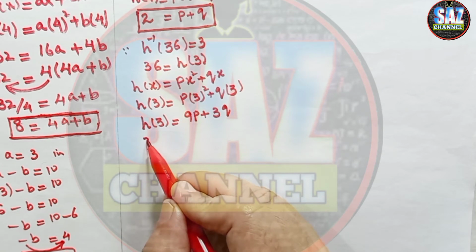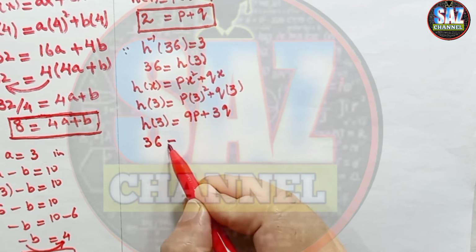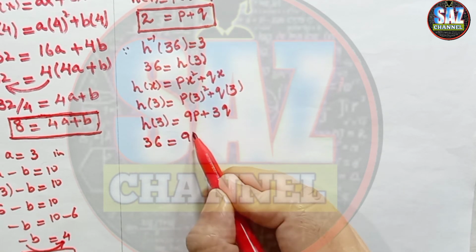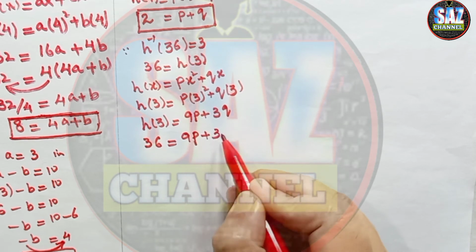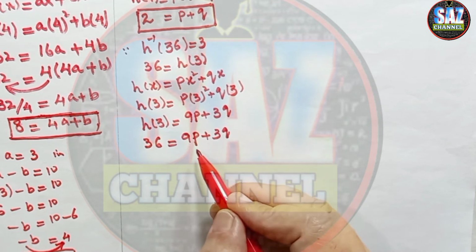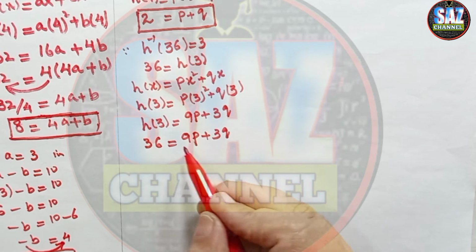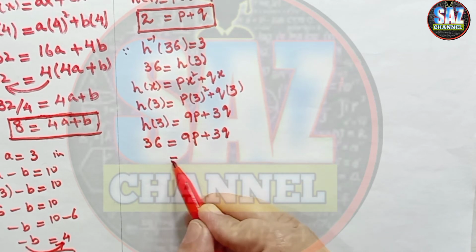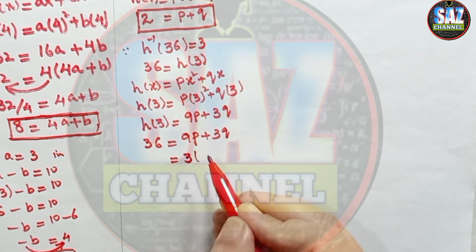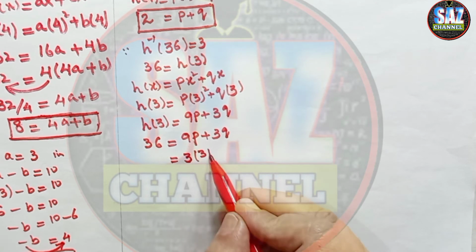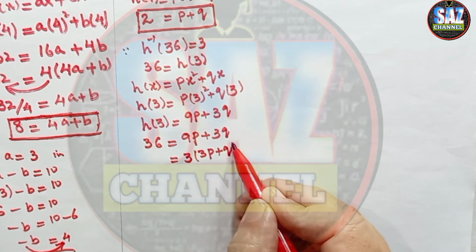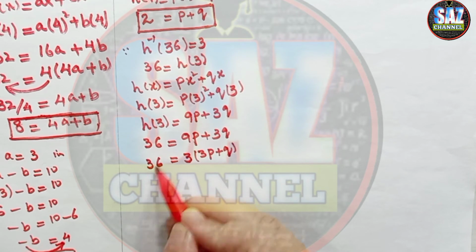So instead of h of 3 I'll replace 36 equals 9p plus 3q. If we look at the right hand side, we can pull out 3. So take 3 as a common factor. Inside the bracket I will be left with 3p plus q, equals 36.